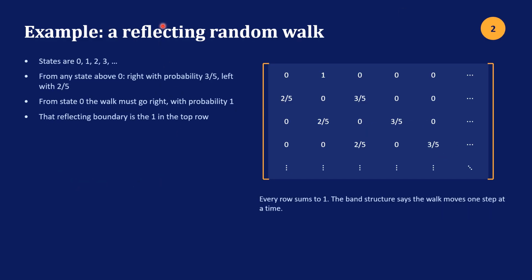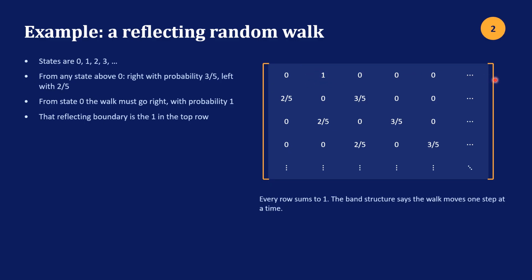So we have an example here. It's a random walk, just one-dimensional, so either you go left or right, and this is the matrix. The states are numbered from 0, so this row represents state 0. Going from state 0 back to state 0 has probability 0, but the probability of going from state 0 to state 1 is 1.